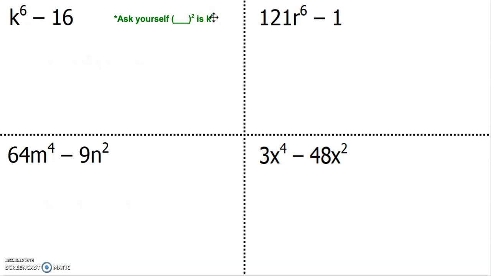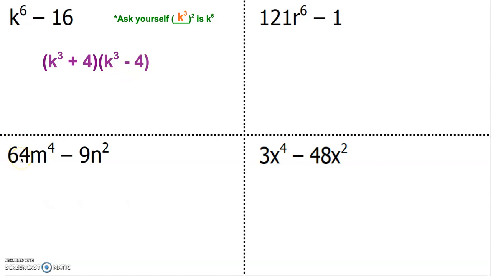Well, working backwards from our exponent rules, we know the way to get a 6 here would be to raise k cubed to the power of 2, because we would multiply those exponents together and get k to the 6th. So it is a difference of squares. K cubed squared gives me k to the 6th. So that looks like k cubed plus 4 and k cubed minus 4 when we follow that difference of squares pattern.